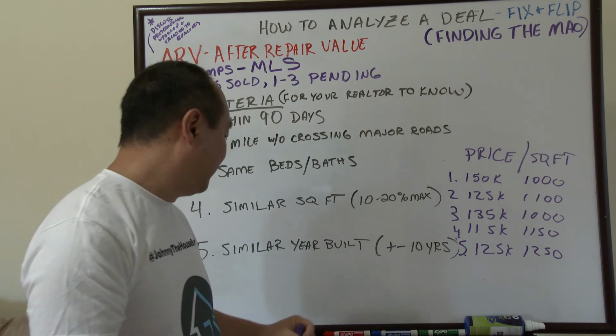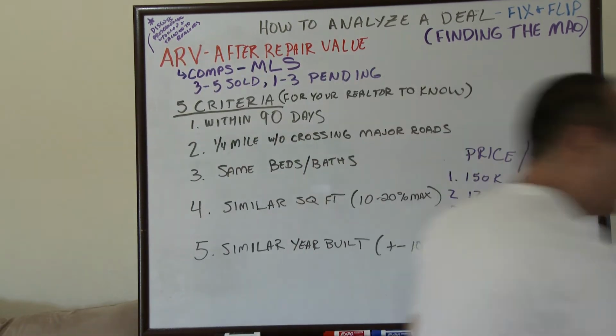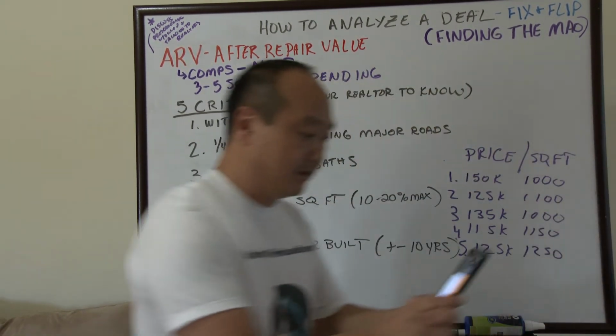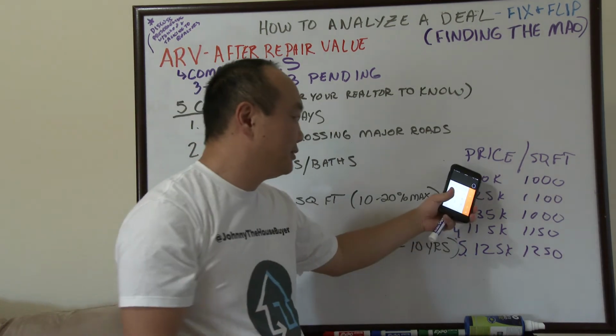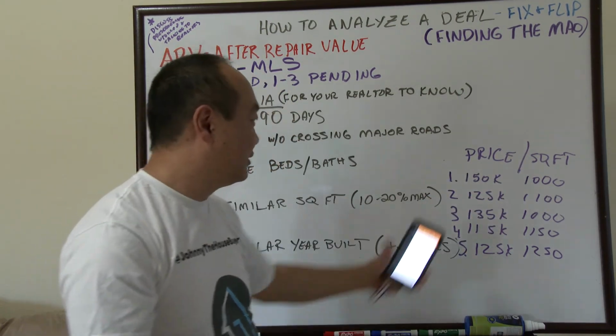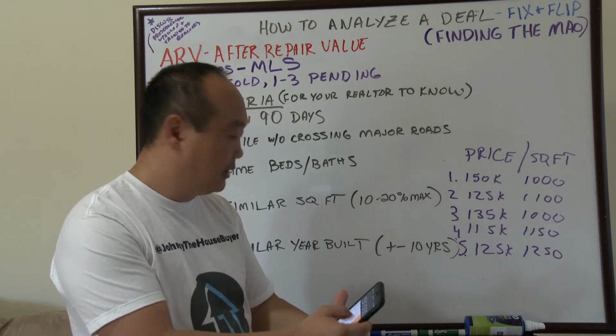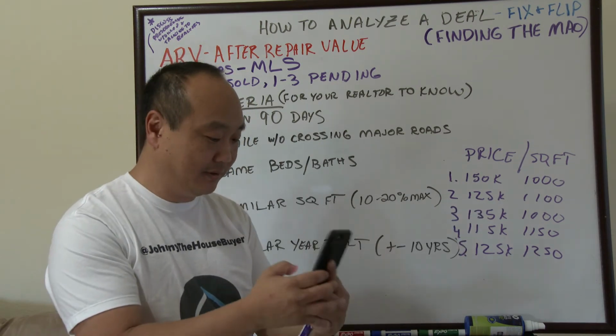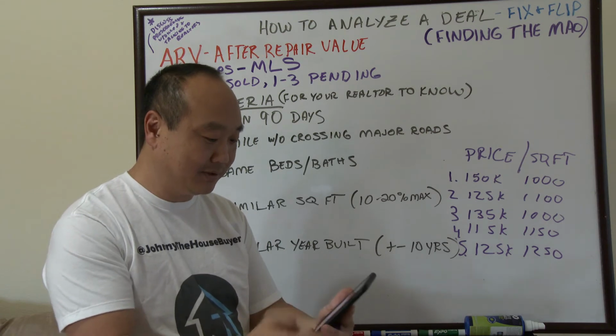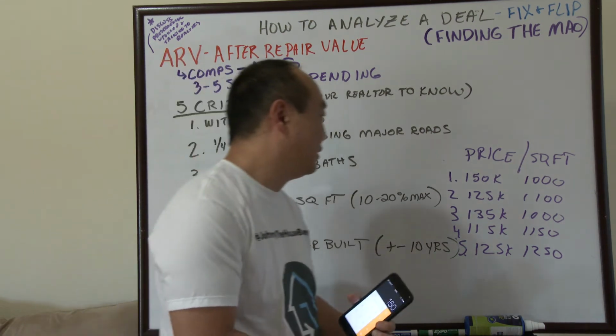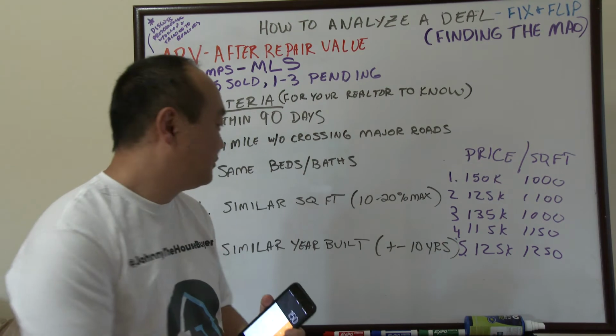The way you do that, you take the price divided by the square feet. 150,000 divided by 1,000 square feet. I bet everybody knows what that is. $150 per square foot.